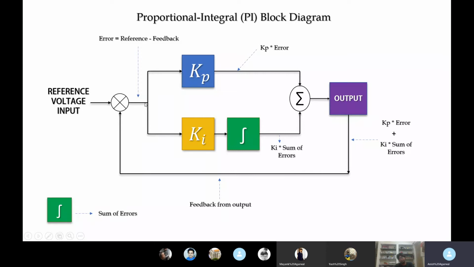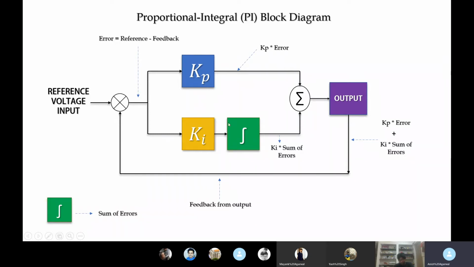Now we divide the error into two parts. First we multiply it with Kp, the constant of proportionality. PI stands for proportional and integral, so Kp and Ki are just constants. Kp is the constant for proportional and Ki is the constant for integral. So we compute Kp times the error, and here we have Ki times the error.